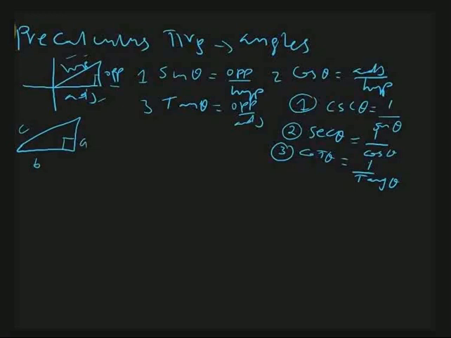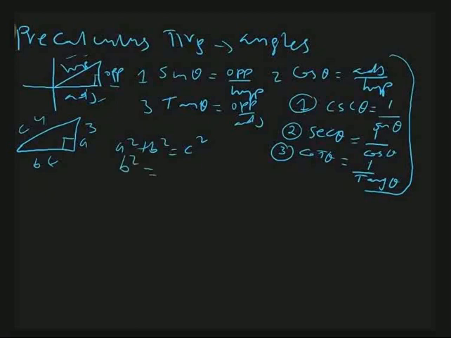We learn in high school, and I have also covered it, the Pythagorean theorem: a squared plus b squared equals c squared. Let's say a is 3, c is 4, and you don't know b. First, you have to find b. Once you find b, then you find all these ratios: sine, cosine, tangent, and so forth. So first, let's find the missing side, b.